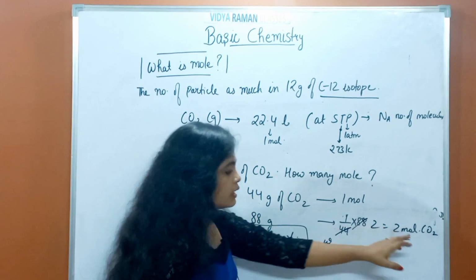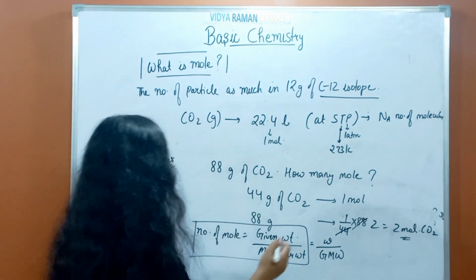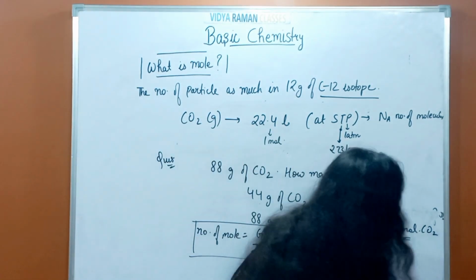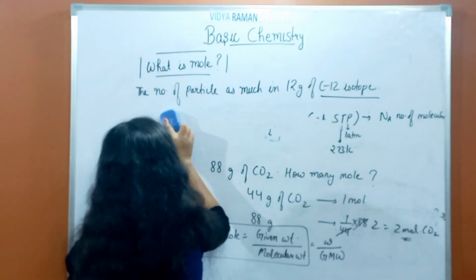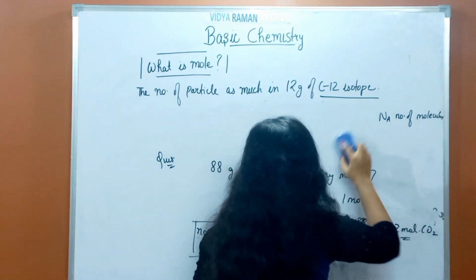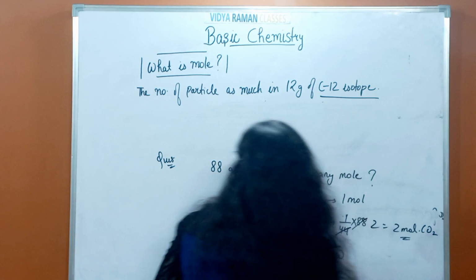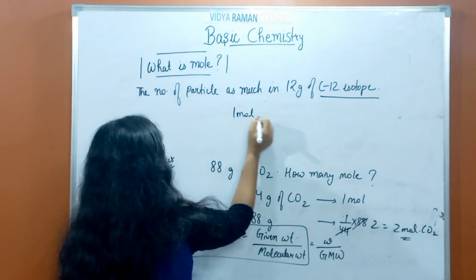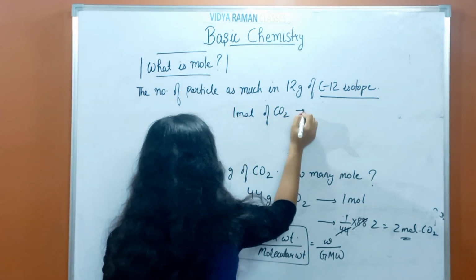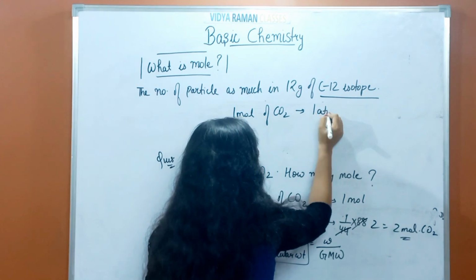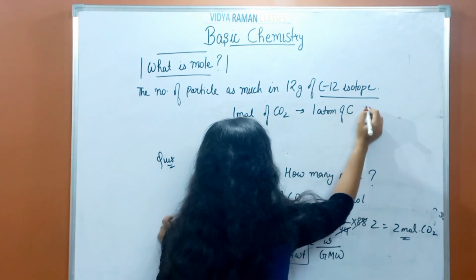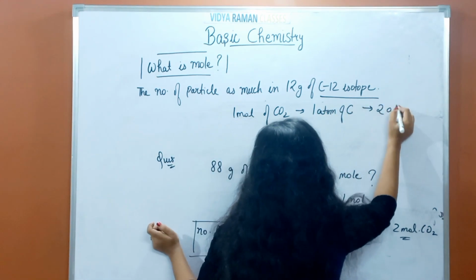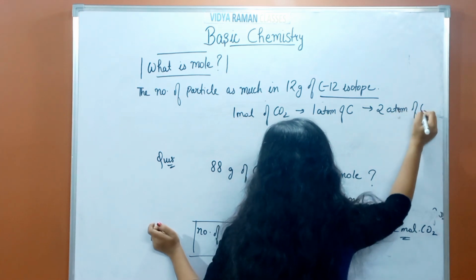So see, 1 mole of CO2 is having how many carbons? 1 atom of carbon and 2 atom of oxygen, right?